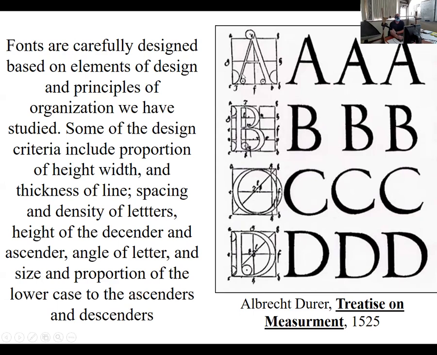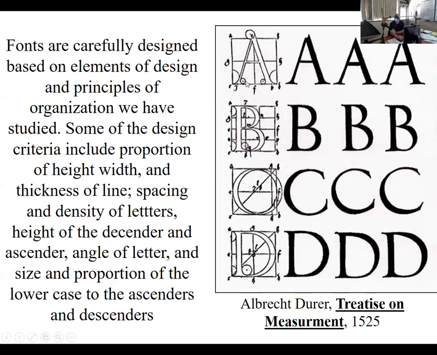And then the leg of the A morphs into the serif at the end, and he's even describing the serif in terms of the radius of a circle that the curve represents on the outside of the serif and on the inside of the serif.